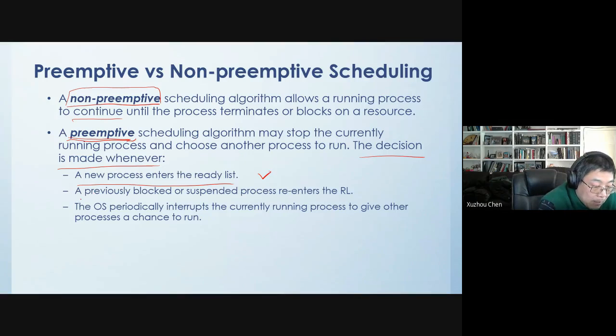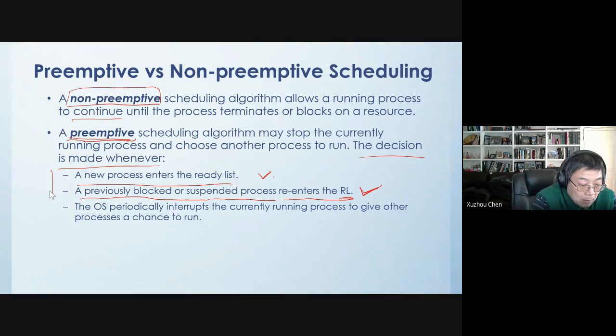The other case is when a previously blocked or suspended process re-enters the ready list. This case is almost the same as the first case. If you interpret a blocked or suspended process as just like a new process, then it's basically the same: a new process just entered the ready list.